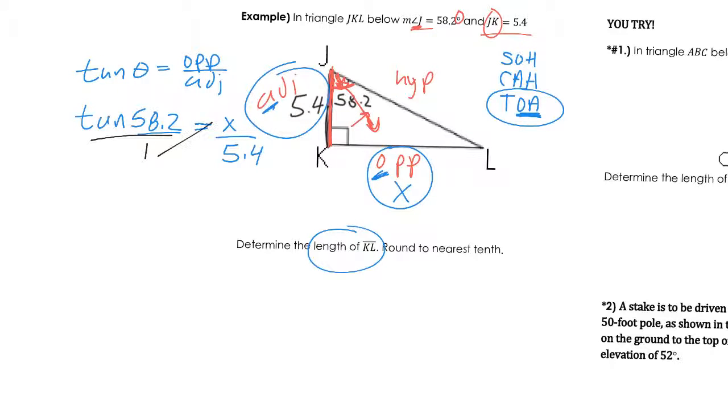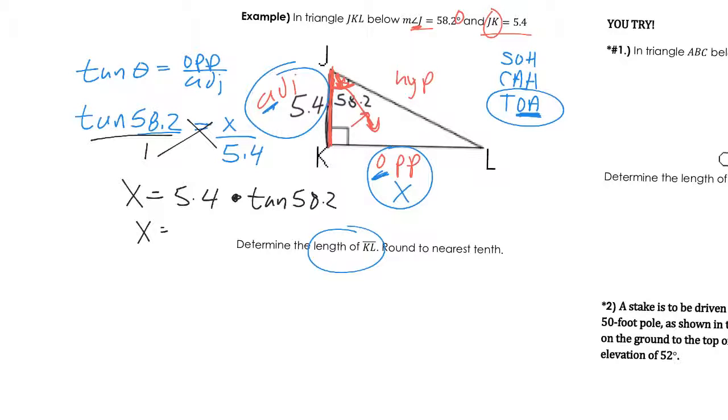So I can put this side over 1 and cross multiply. X equals 5.4 times tangent 58.2. Now this is where you just need a calculator. Make sure it's in degree mode. I like to do the tan 58.2 first if I have one of the scientific calculators.